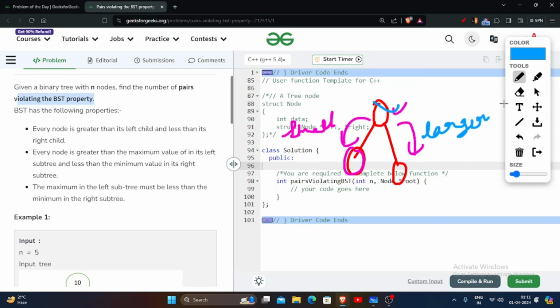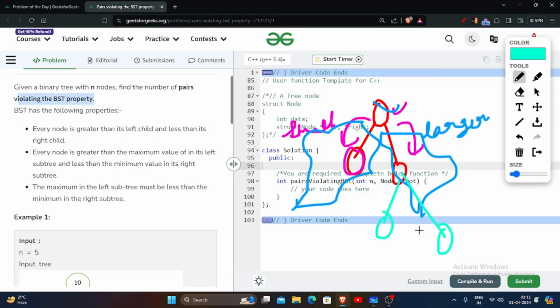And this property holds for all the subtrees. That means even if I have other nodes here also, these nodes are also going to be smaller than this node. And these two nodes, for this node, one would be smaller, and this one would be greater.